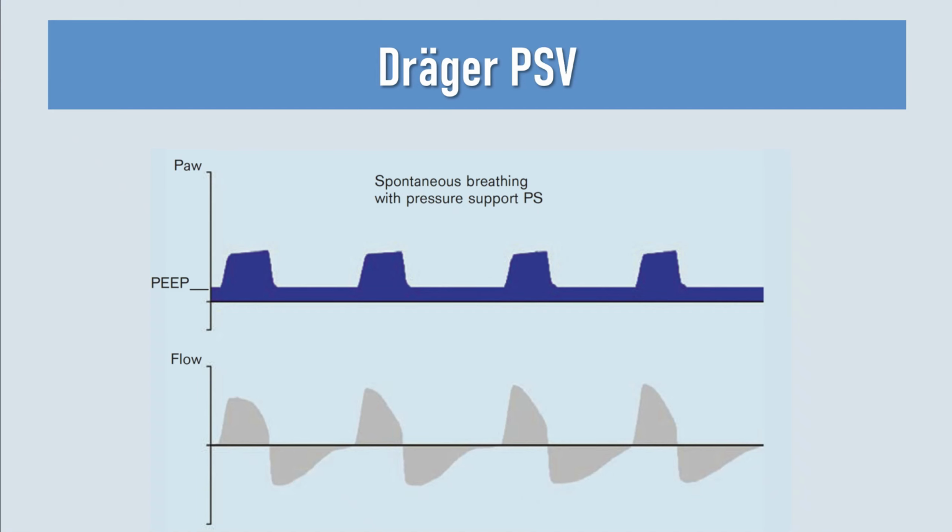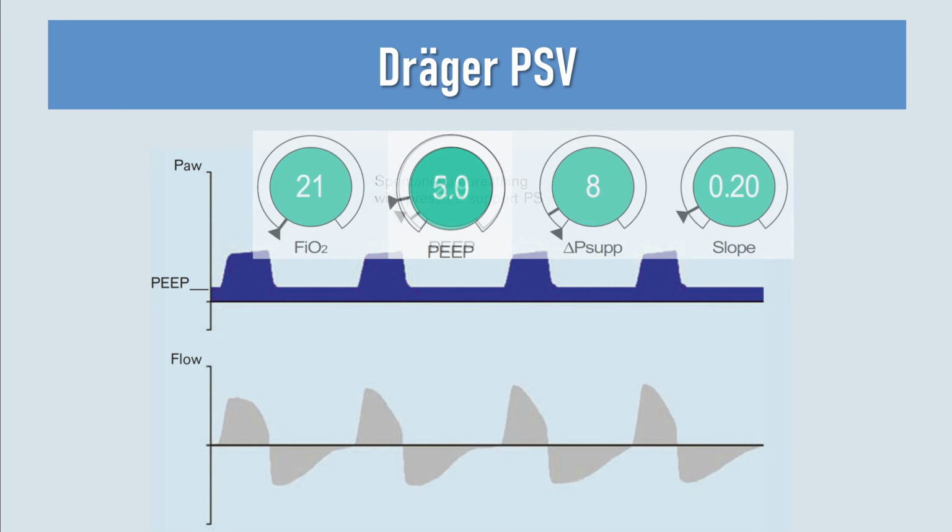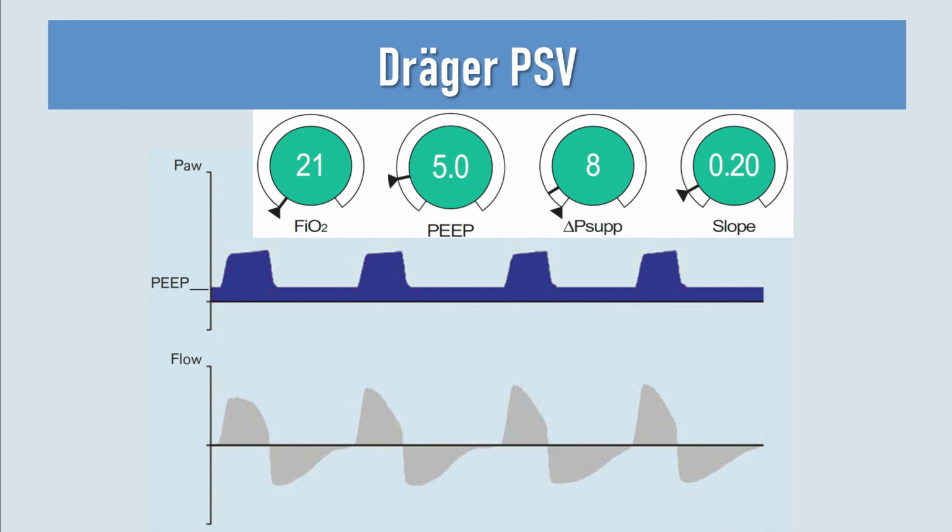This is a screen capture from a Draeger ventilator of a patient breathing spontaneously. Here are the settings, and you can see here that there is a setting known as slope. And on this slope setting, you can see the number 0.2.